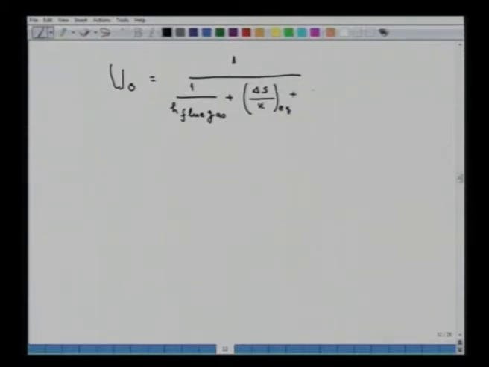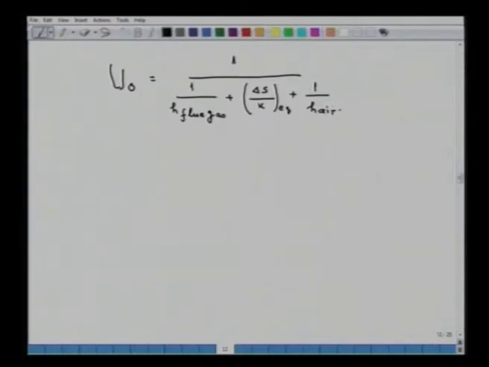Then in that case, we can say that U0, which is the overall heat transfer coefficient, is equal to 1 upon the heat transfer coefficient of flue gas, plus the thickness of the brick upon its thermal conductivity or its equivalent, plus 1 upon h air.